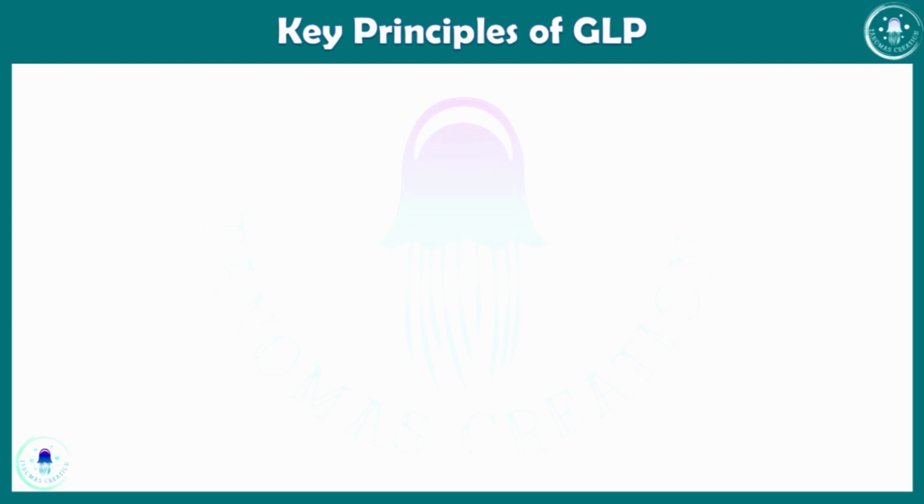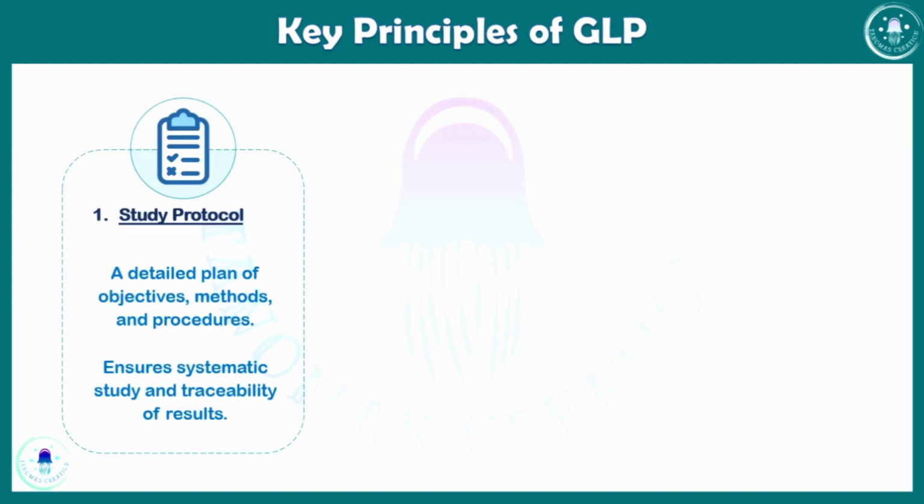Now, coming to the key principles of GLP. There are 7 key principles. The first one is the study protocol. Every study must have a well-defined protocol that outlines the objectives, methodologies, experimental design, and procedures to be followed.